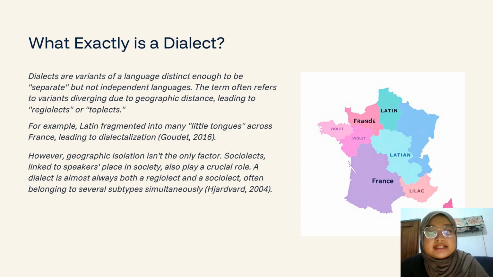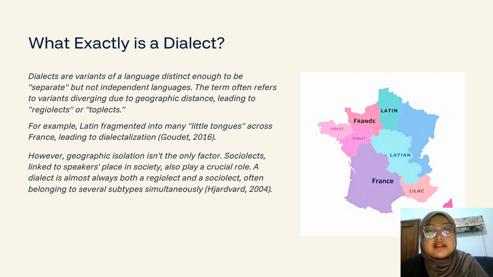Regiolects, or topolects, are variants that emerge due to geographical distance and isolation, leading to distinct linguistic features in different regions. Use the historical example of Latin fragmenting into various little tongues across France, which demonstrated how geographic isolation directly causes dialectalization.